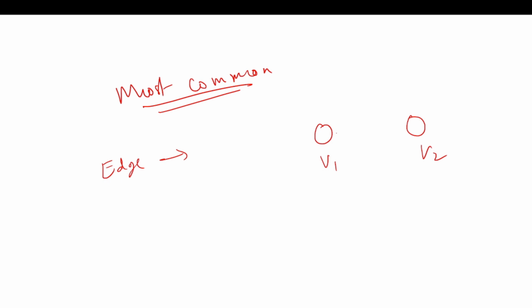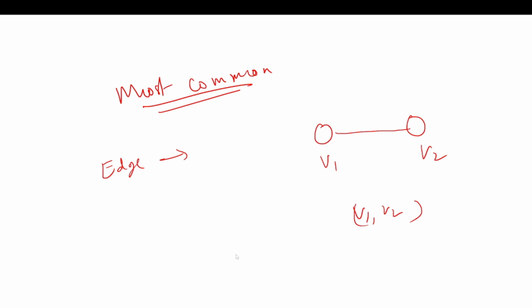When we connect these two, it becomes an edge. Similarly, when v1 and v2 are connected, this is called adjacent. They are endpoints of the same edge, so we can say this is adjacent. Adjacent means neighbor also.